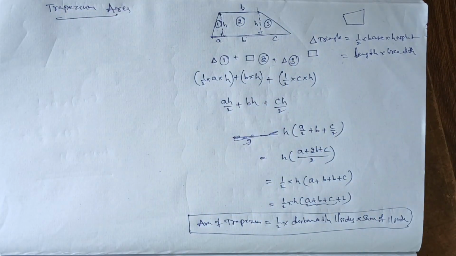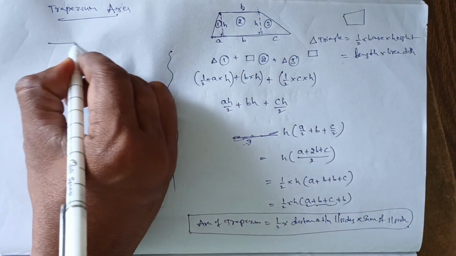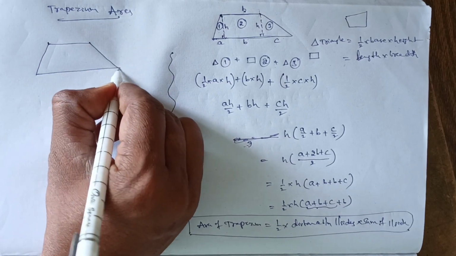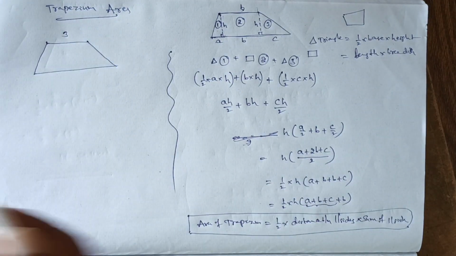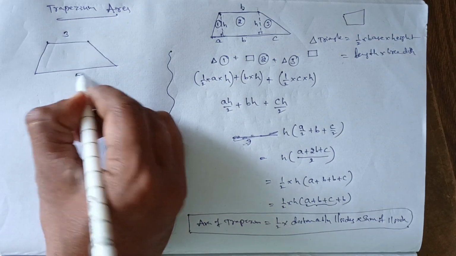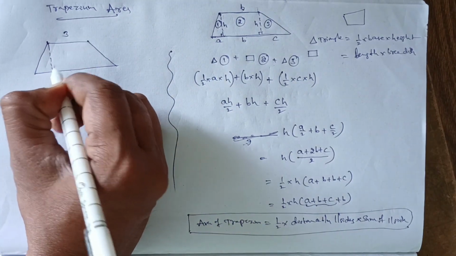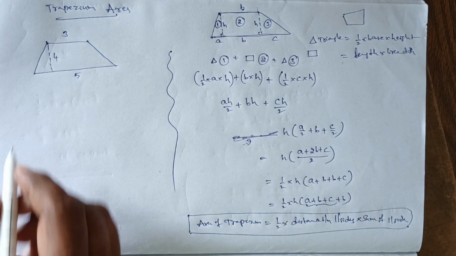Let's take one example. I am taking one trapezium. I am taking this side as 3 centimeters or 3 units, and the base as 5 units. I am taking the distance between the parallel sides as 4. Now find the area of the trapezium.